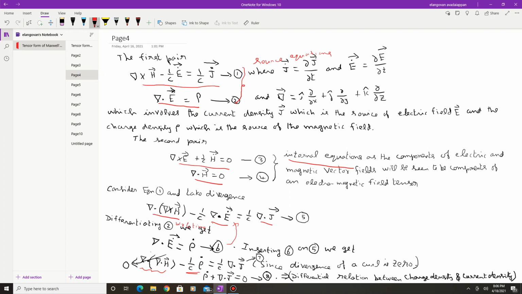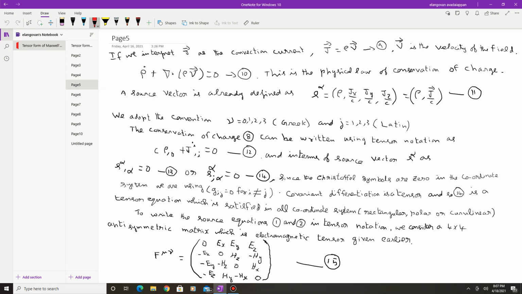If we take the two terms to the same side, rho dot plus div J is equal to 0. So this is the differential relation connecting charge density and current density.